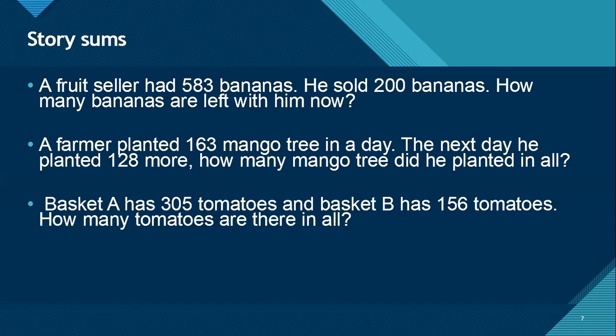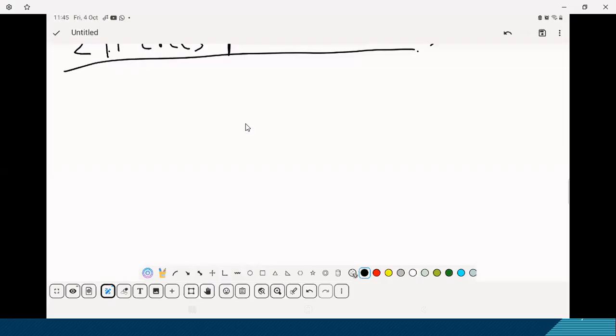Basket A has 305 tomatoes. Basket B has 156 tomatoes. How many tomatoes are there in all? In all is again coming, means we need to add. Okay, these two numbers. So quickly see on the whiteboard how I'll do that.